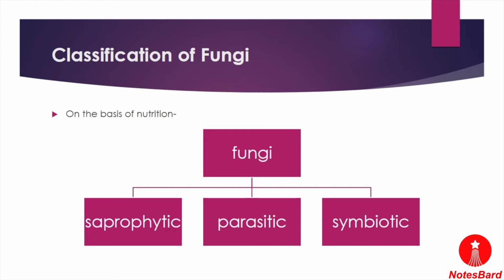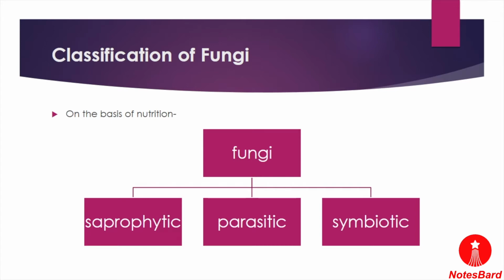So now let's discuss the classification of fungi. There are different criteria or bases of classification for the fungus, and the first base is nutrition. On the basis of mode of nutrition, the fungus can be differentiated into three types: saprophytic fungus, parasitic fungus and symbiotic fungus. The saprophytic fungi are those which obtain their nutrition by feeding on dead organic substances, like Rhizopus, Penicillium and many others.